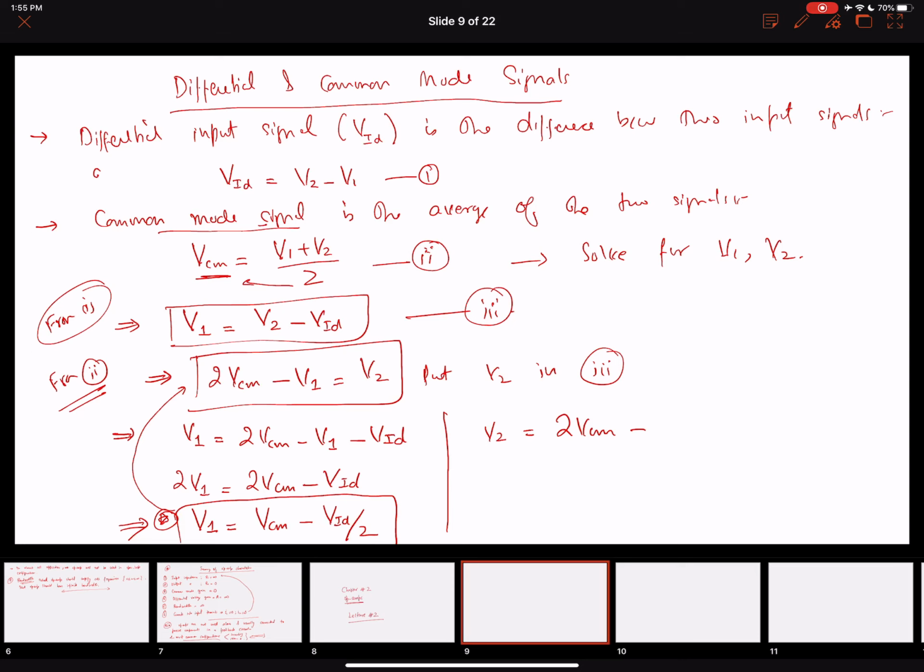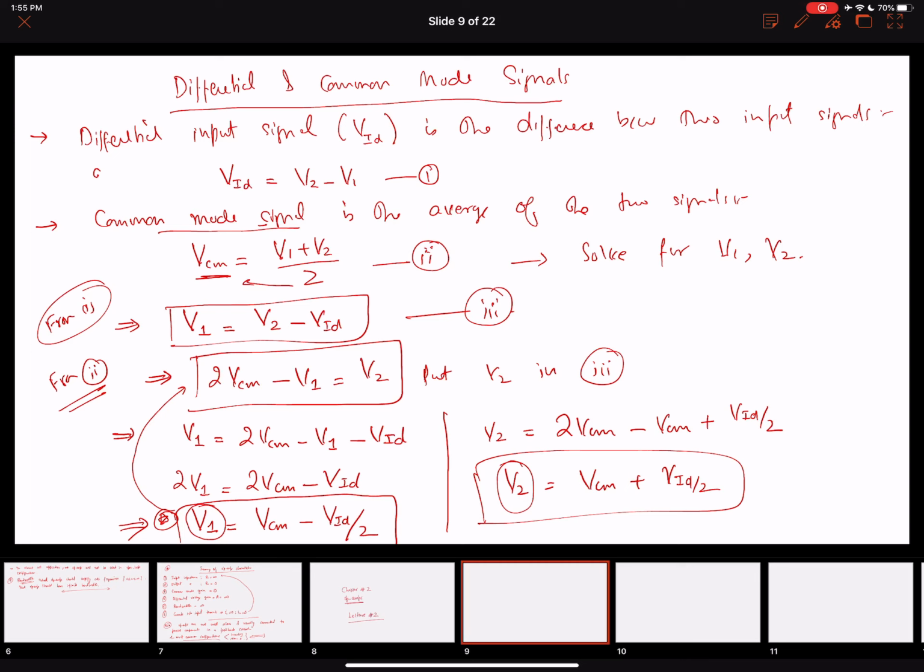V2 equals 2 VCM minus V1, and minus V1 is minus VCM plus VID over 2. So V2 will become VCM plus VID over 2. This way we ended up expressing both input voltages V1 and V2 as a combination of a common mode and their differential parts.